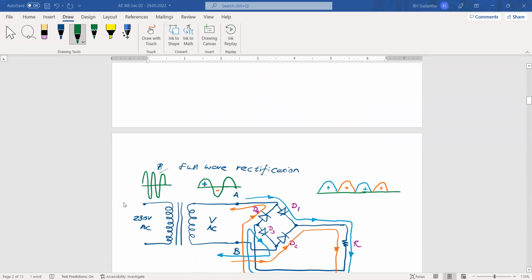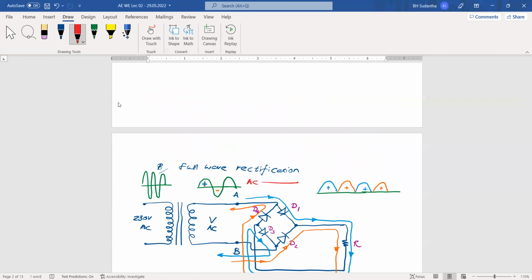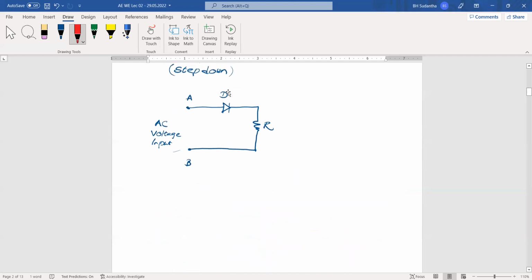Here also we have this AC to DC conversion. With full wave rectification, we have 100% of both waveforms on the positive side, but here a 50% reduction is there.